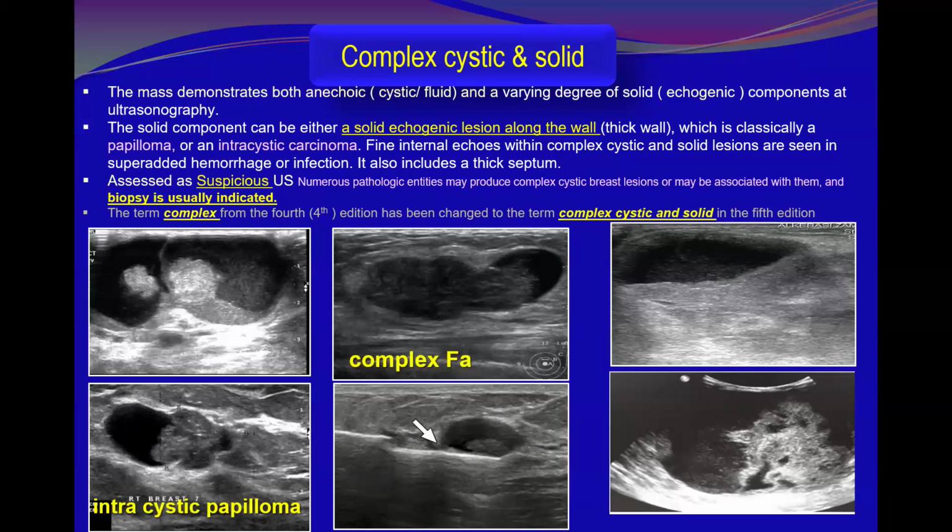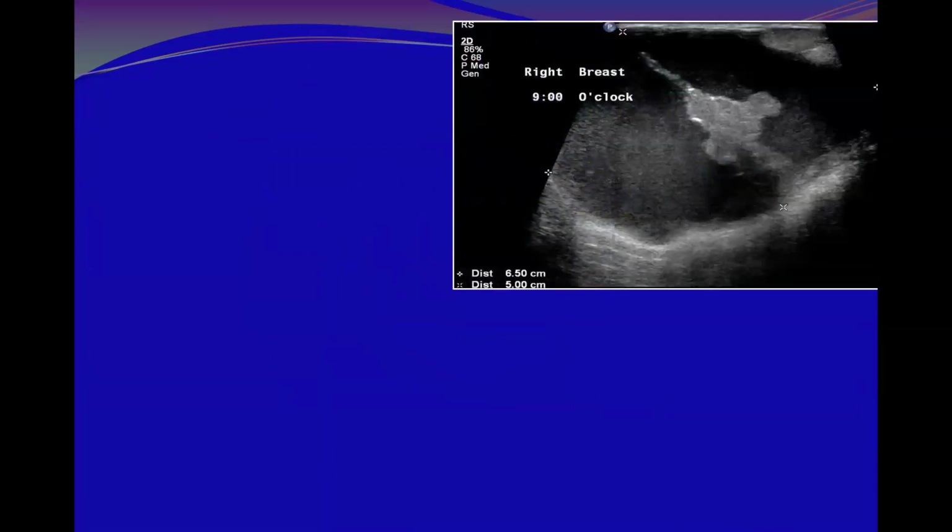Examples include intracystic papilloma, complex fibroadenoma, phyllodes, fat necrosis, and intracystic papillary carcinoma. So there are variations between benign and malignant, but at the end these are suspicious features, and we have to exclude malignancy.